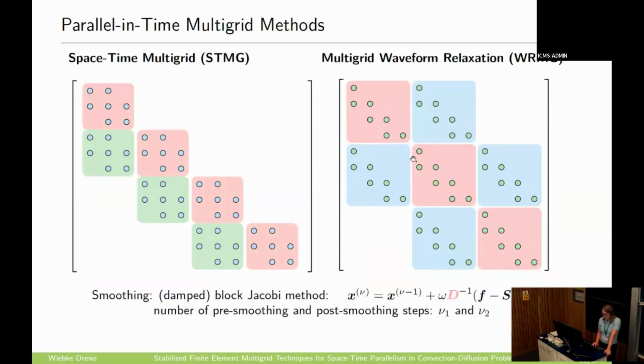If we now use the block diagonal as a preconditioner for smoothers in multigrid methods, then this basically leads to two different methods. One is the space-time multigrid. The other one is multigrid waveform relaxation, which is motivated in a different way.